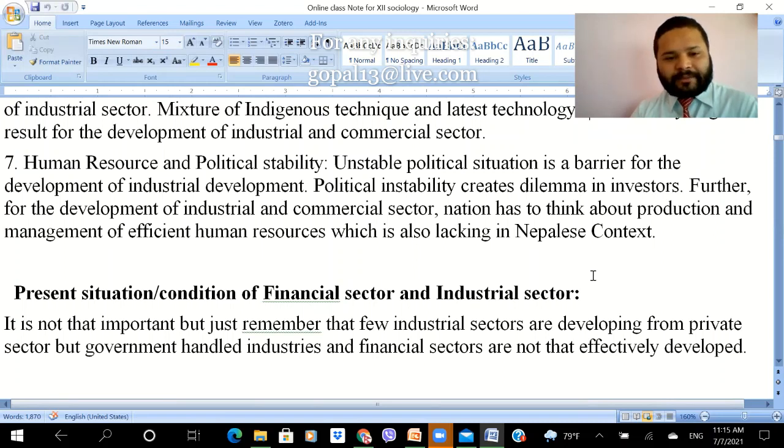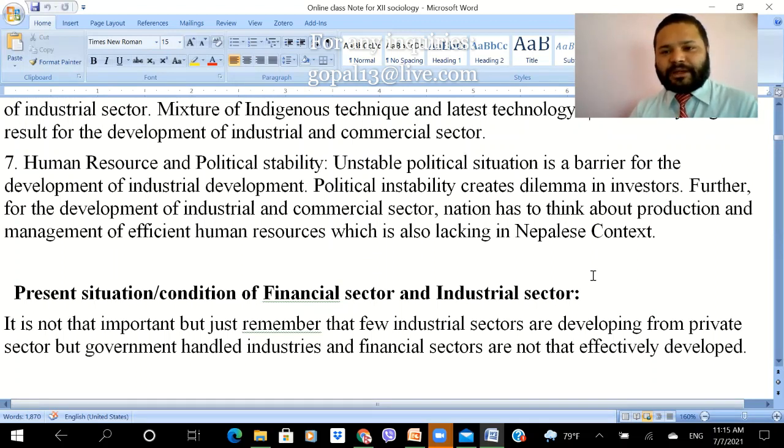We don't have a proper system which would track out the corruption that is going on, and we are not able to prioritize the industries that are needed and feasible in the Nepalese context.